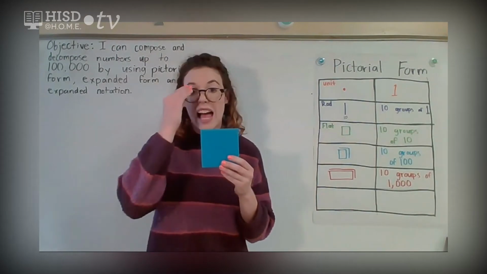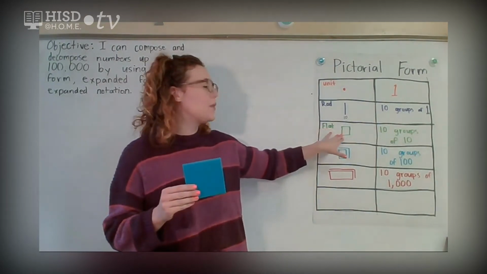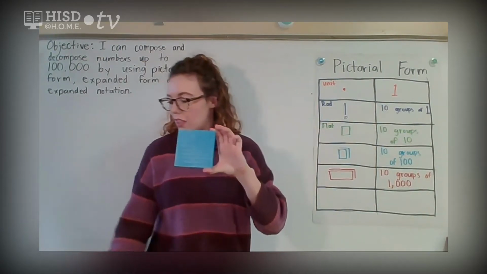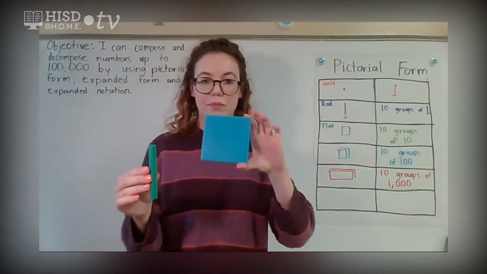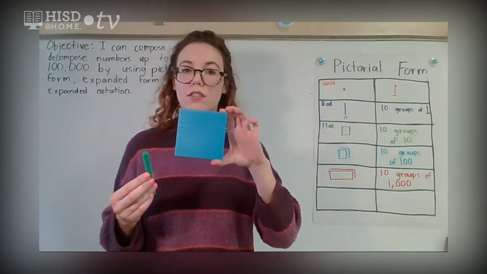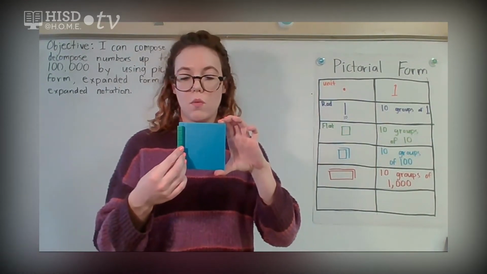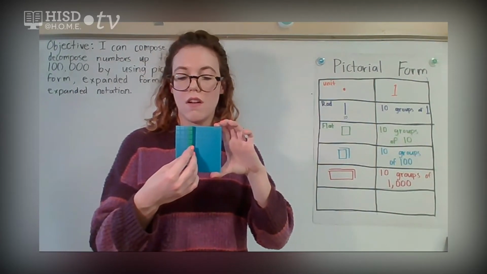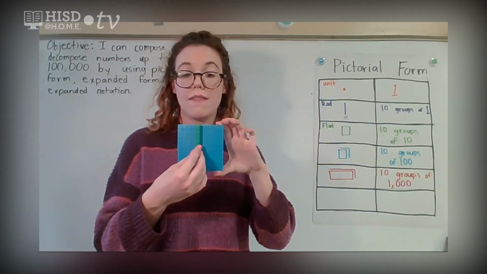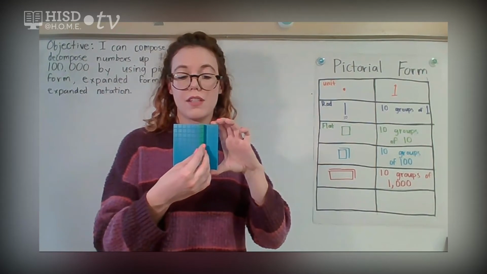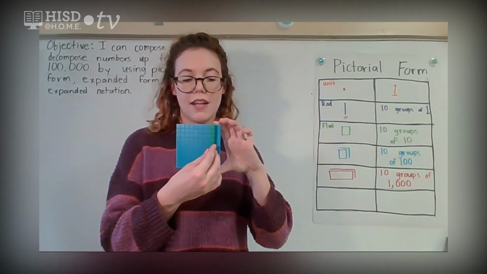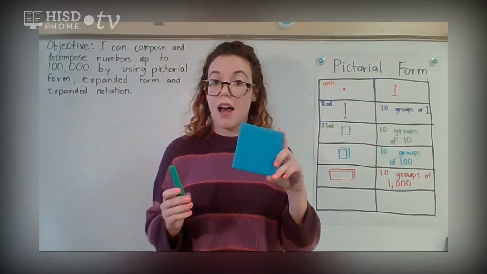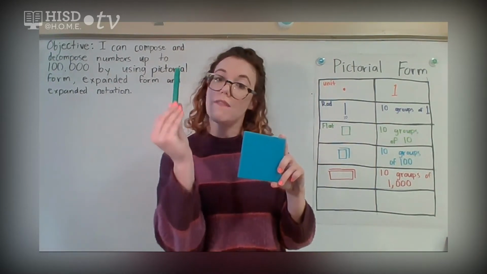Now let's move on. We have our flat. We talked about our flat last week. We have a picture of it. If our rod is worth 10, let's see how many rods will fit into our flat. 1, 2, 3, 4, 5, 6, 7, 8, 9, 10. So we have 10 groups of 10 because this has a value of 10.